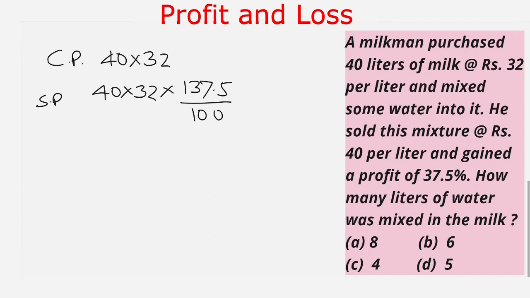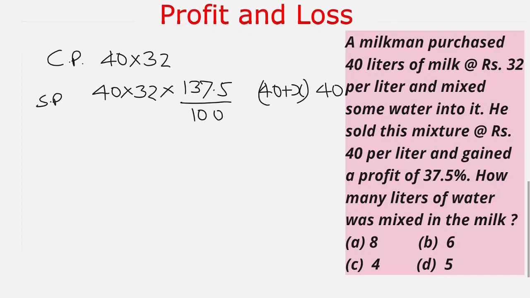Now it is given that the selling price is at the rate of rupees 40 per liter of the mixture after adding say x liters of water into it, that is 40 liters of milk plus x liters of water is sold at the rate of rupees 40.